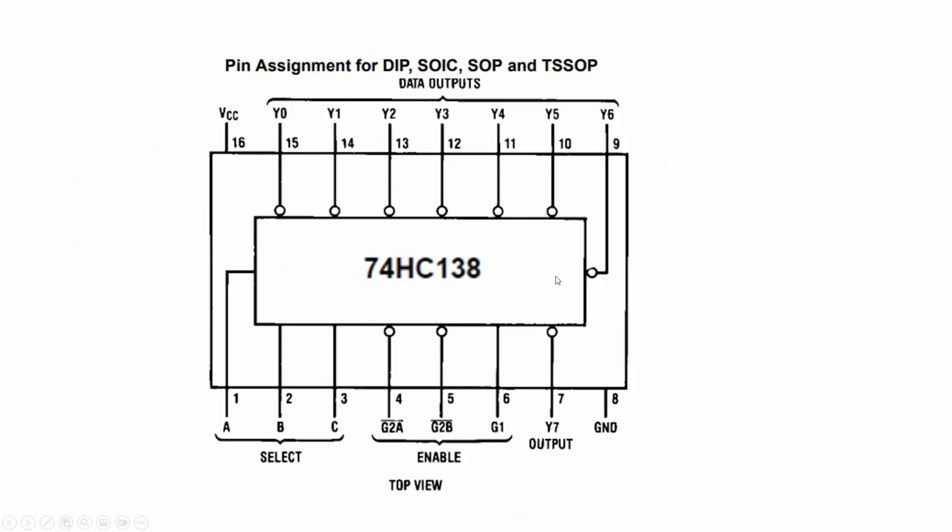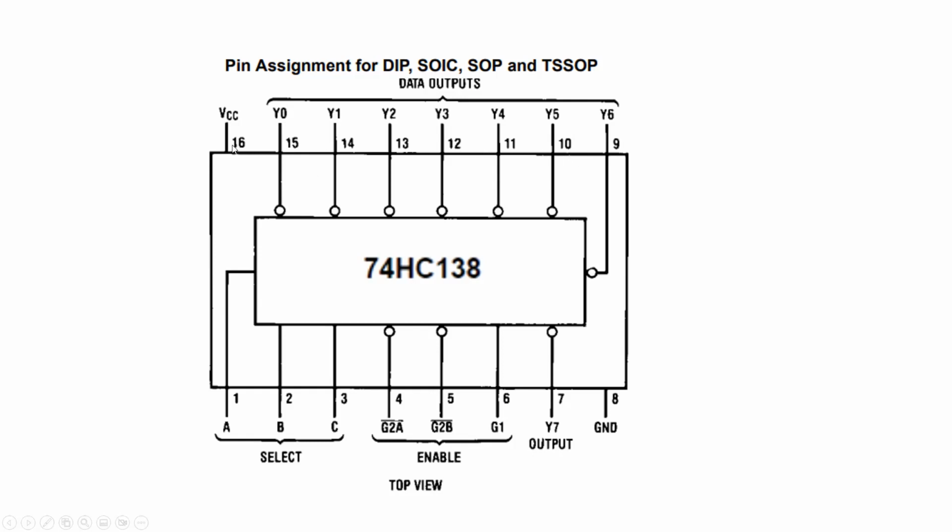For this chip, if you go to the data sheet, you will find something like this. As you see here, we have 3 selectors, which are pin number 1, 2, and 3. So the first 3 pins are for selection. The 8 outputs are actually from here. As you see, Y0 here is pin number 15, then 14, 13, 12, 11, 10, and 9.